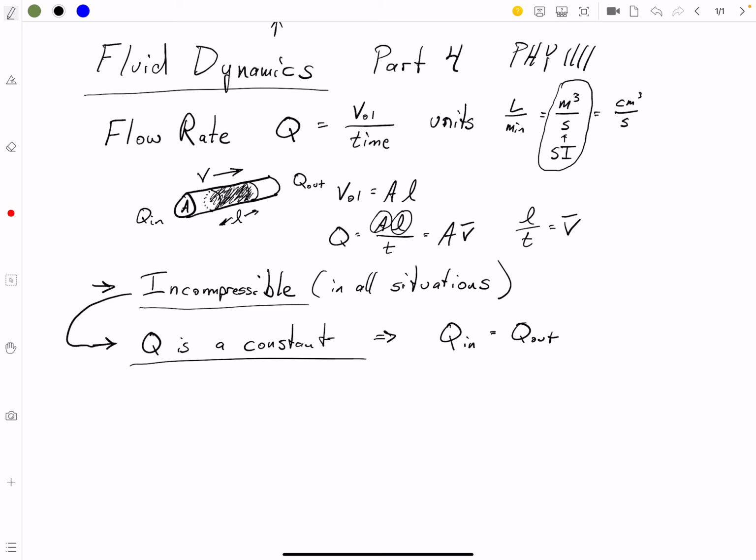So that means that our area, well, let's do it with the velocity. A1 V1 is equal to A2 V2. And now, all of a sudden, we can do things like get the ratios depending on what we've got and what we don't have. But we can say V2 over V1 is equal to A1 over A2.